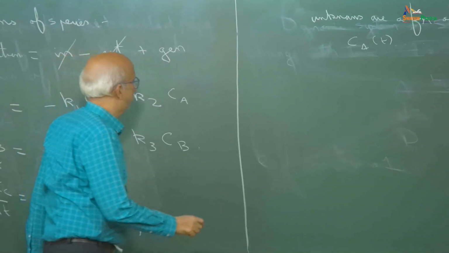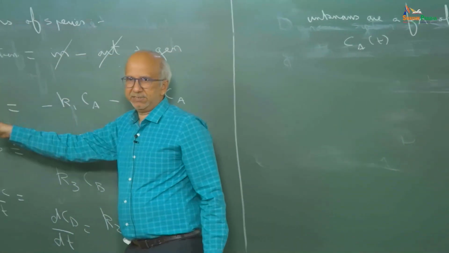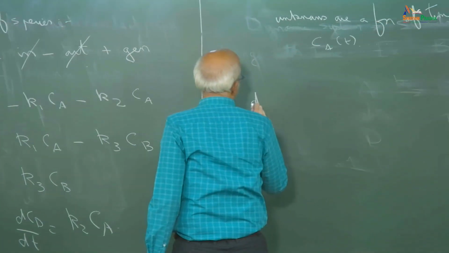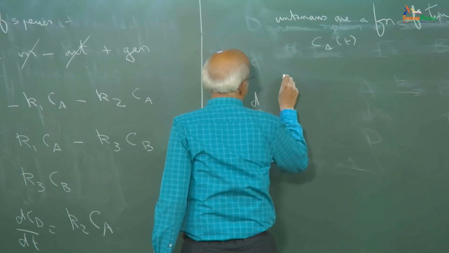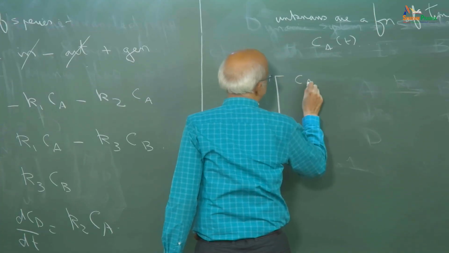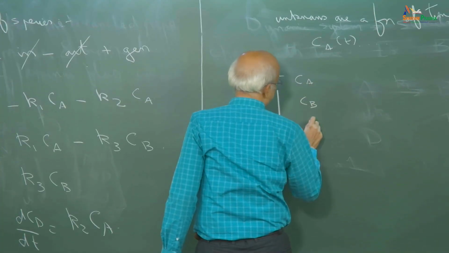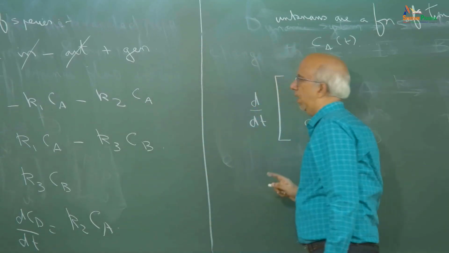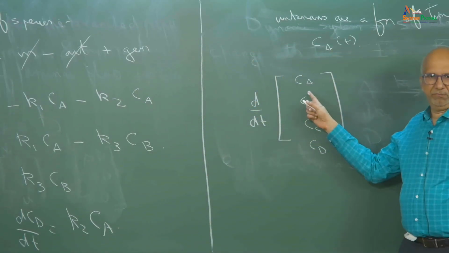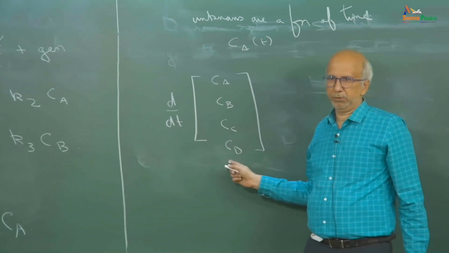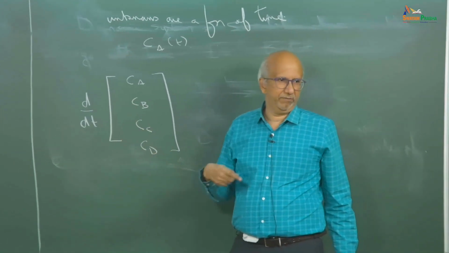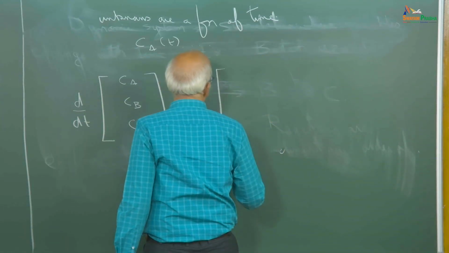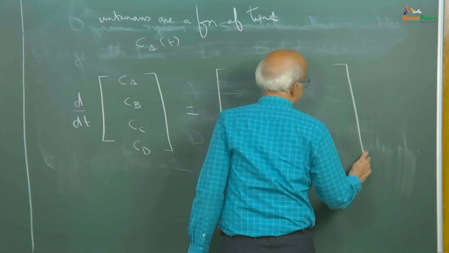I am going to recast this system of equations in again this vectorial form that we spoke about earlier. Now remember all of these are functions of time, okay. I am just rewriting it in a vectorial form. I am going to write this as some matrix.